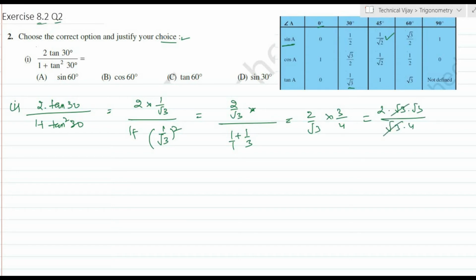So 1 by √3, one √3 will be cancelled, 2 1s are 2, 2 2s are 4. So this will be remaining, this is √3 by 2. So √3 by 2 means what? This is sin 60, which is √3 by 2. Okay, because see cos 60 will be 1 by 2, tan 60 will be √3, sin 30 will be 1 by 2. So this will be the answer.